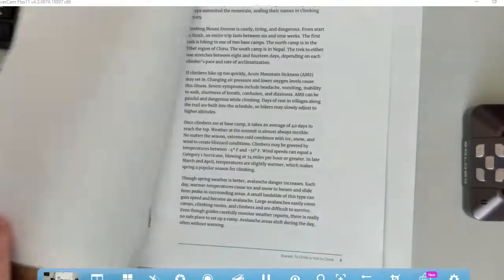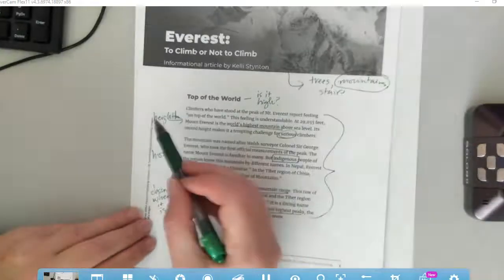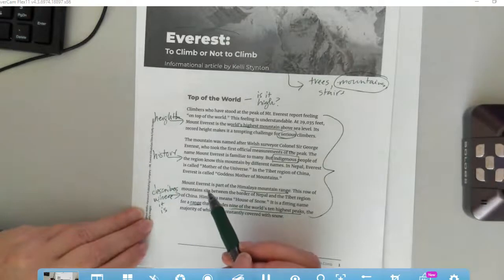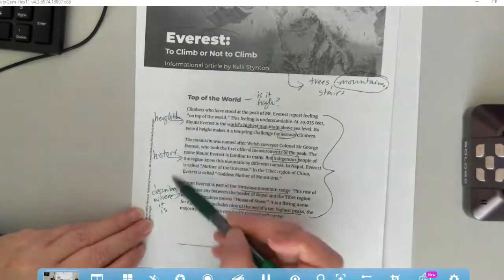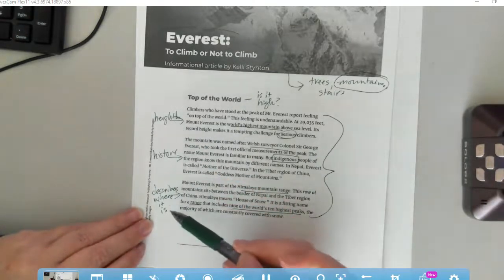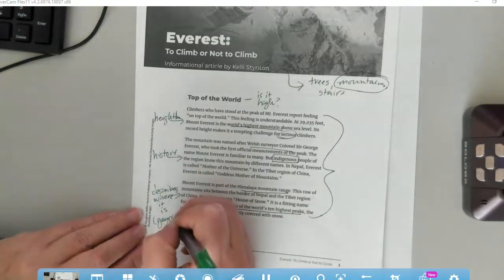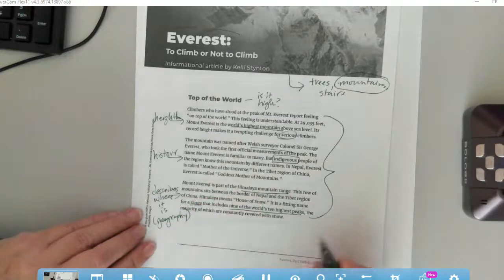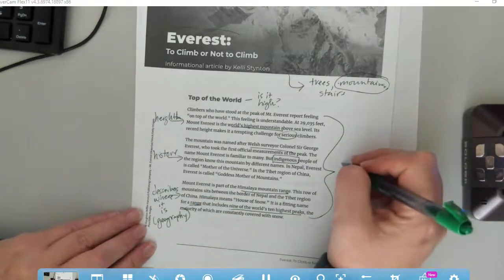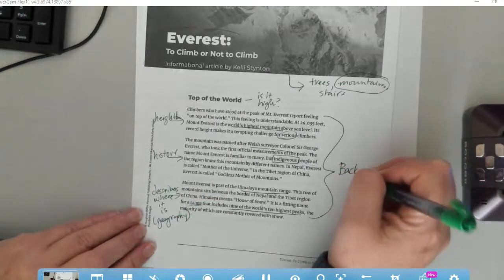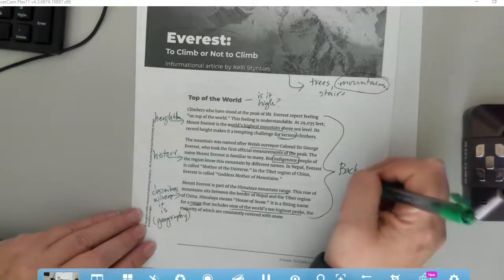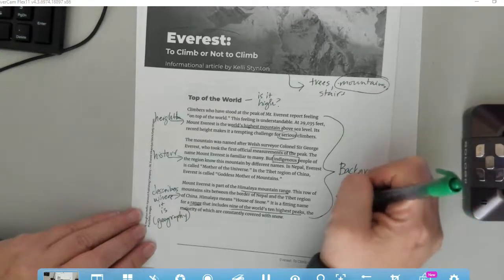Okay, so if I'm thinking about this first chunk of information, height, history, describing where it is, the geography, it's a good word for it, the geography. I might say that this is the background of Mount Everest.